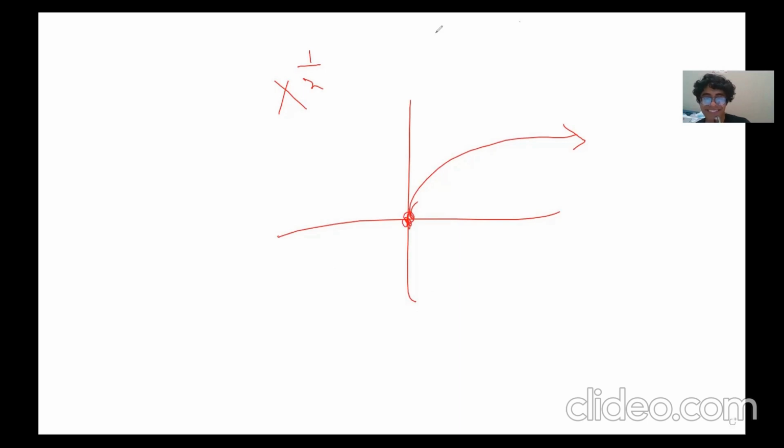At x equals 0, the tangent line is actually vertical. If you're modeling particles in motion, it's going at an infinite velocity, and that simply does not make sense. Anyway, differentiability, that's done.